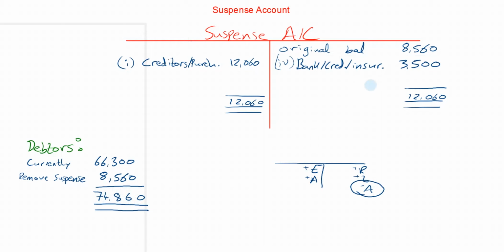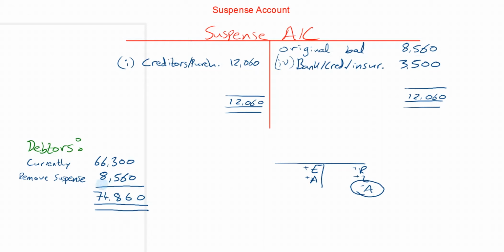Does that make sense? So like we're saying, the suspense account. On our trial balance, we had an extra 8,560 missing from the credit. So you have to introduce 8,560 to the credit side. Instead of having a single entry called suspense, we incorporated it into the debtors. So initially we had 7,860.